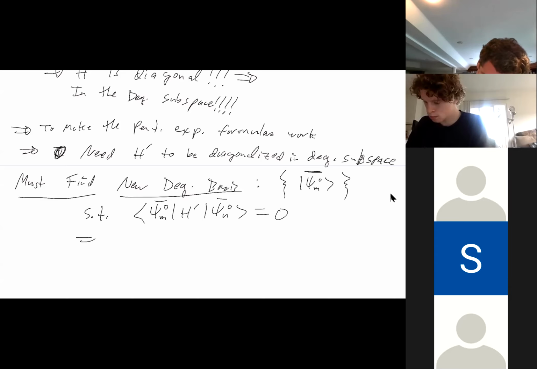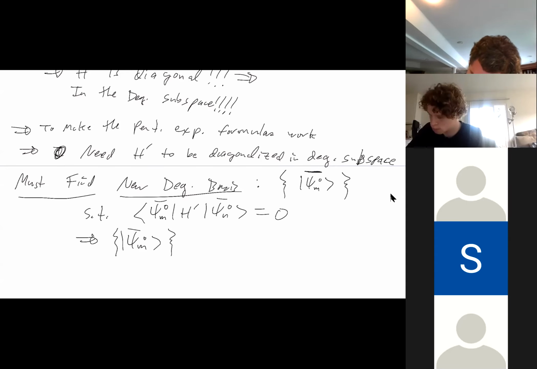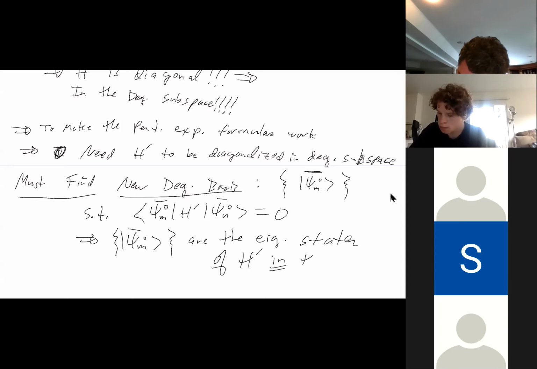That means that these states psi m naught bar are the eigenstates of H prime in the degenerate subspace.